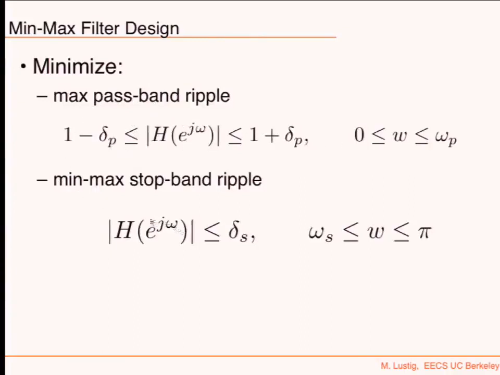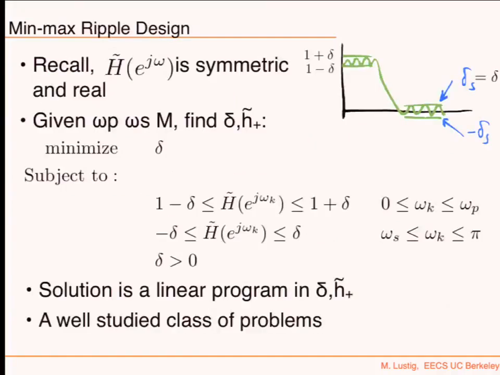I also want it to be less than delta S in the stopband. Okay, so for those frequencies, omega sub S all the way to pi, it should be less than delta S. In the passband, it should not deviate from this.